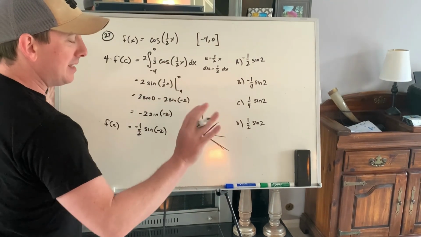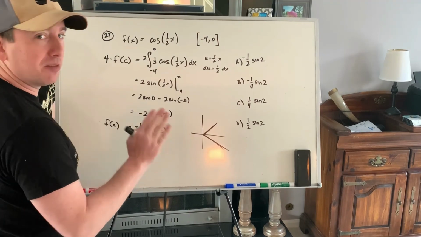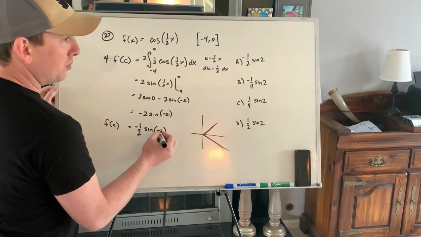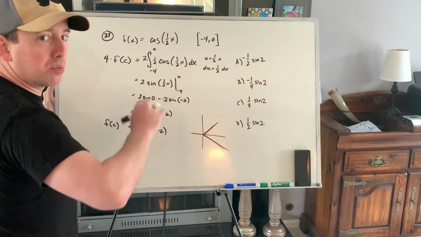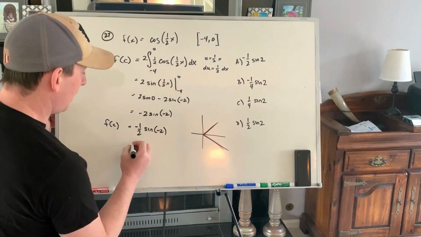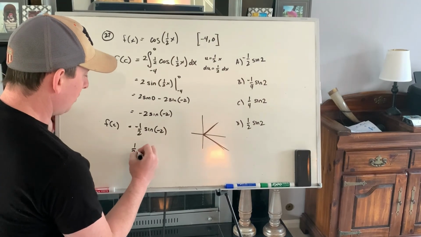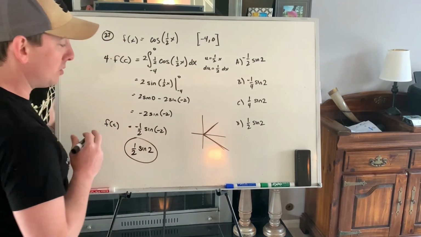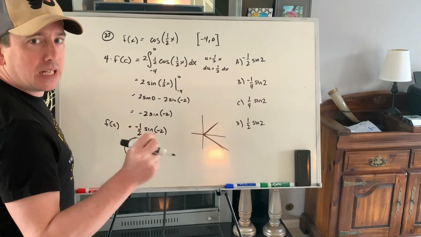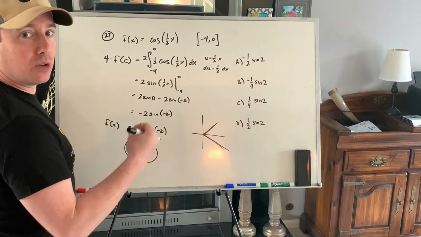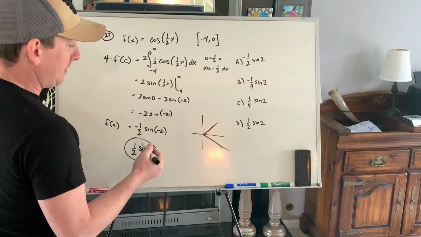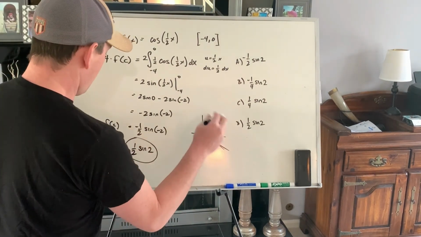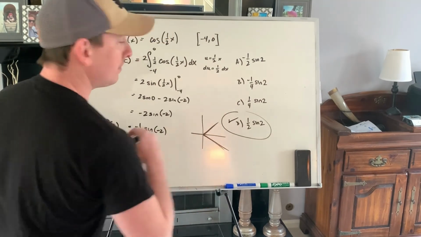So this is not factoring out a negative. Please don't think that that's what I'm doing. But the sine of -2 and the sine of +2 are just completely opposite one another. So I can call this +1/2 the sine of +2. But please don't think that that's factoring out a negative. We're utilizing a property of the sine function. So that gets us what? D? Done.